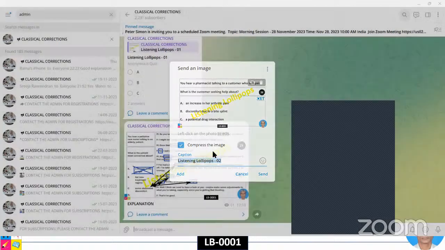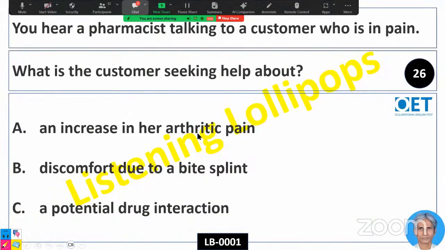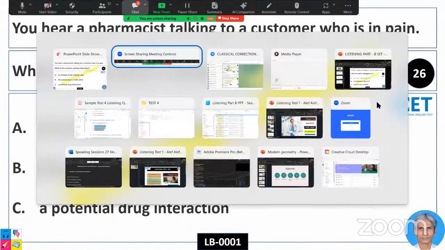Yes, that's the point there. Now let me bring the script here.